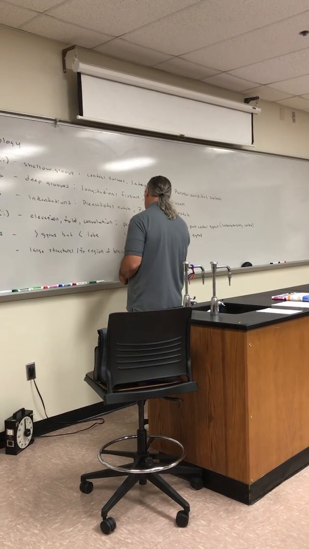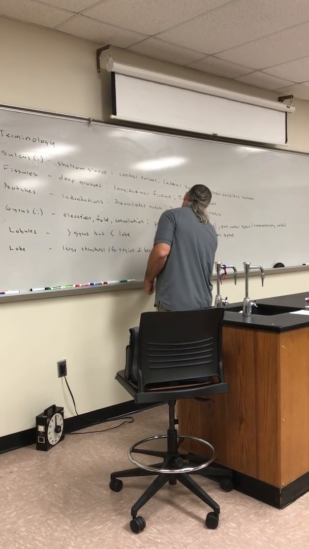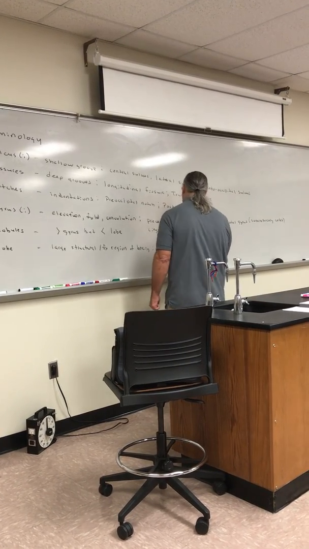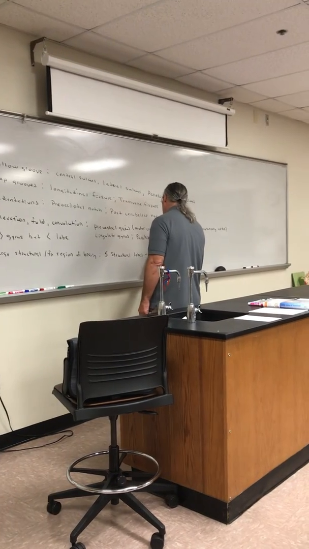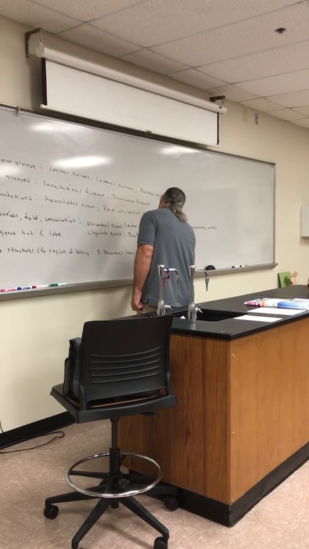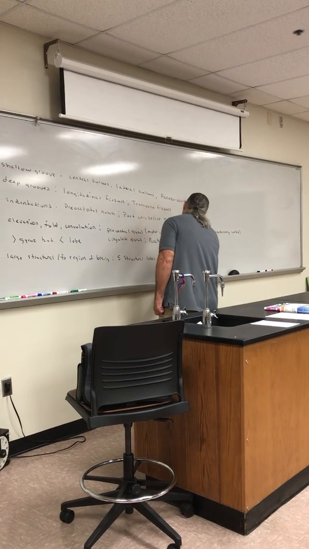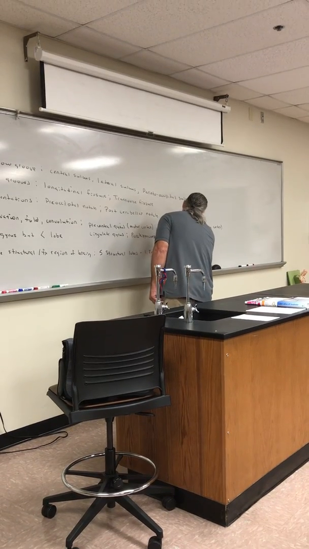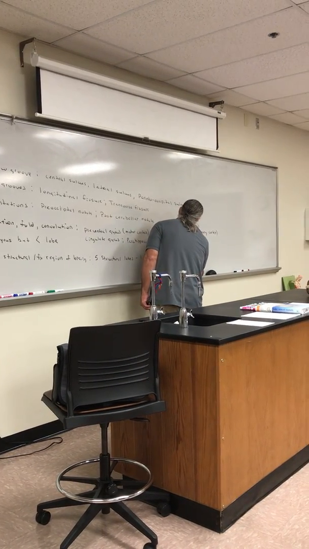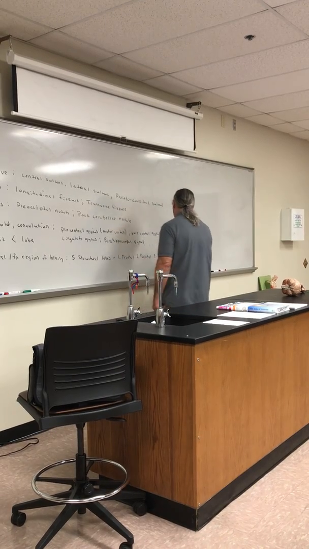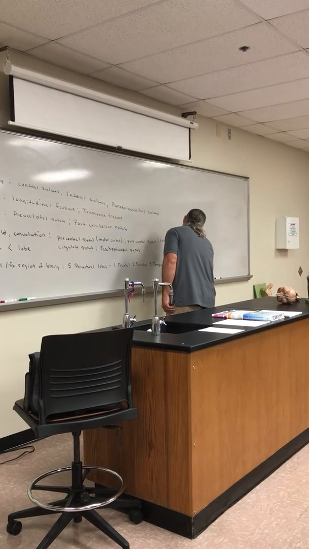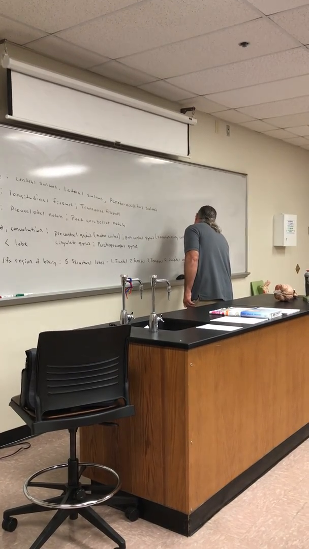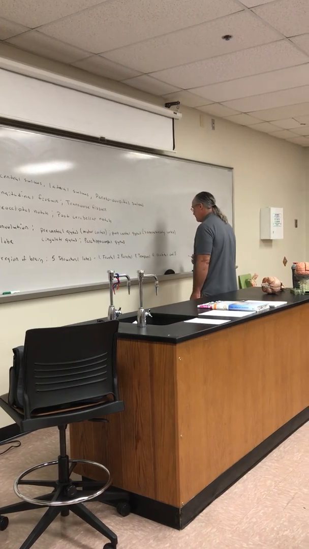There are 5 structural lobes, and those are easy. 1, frontal lobe, 2, parietal, 3, temporal, 4, occipital, and 5, the insular lobe.